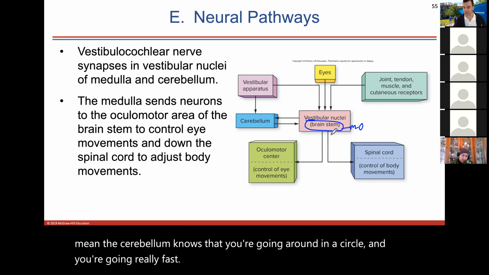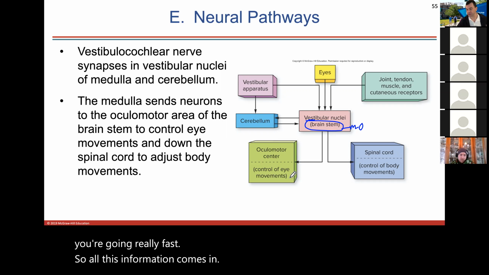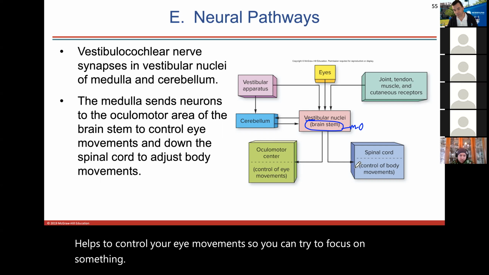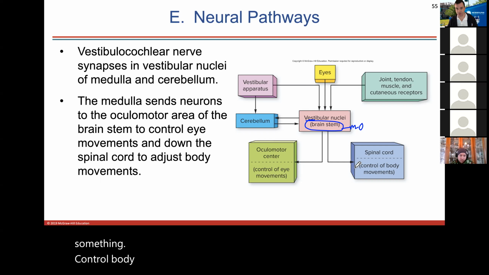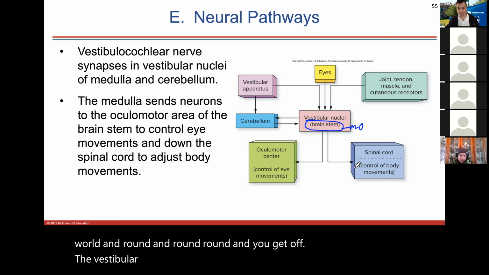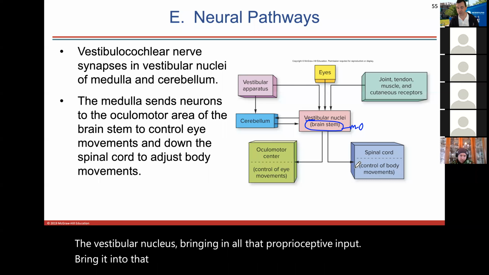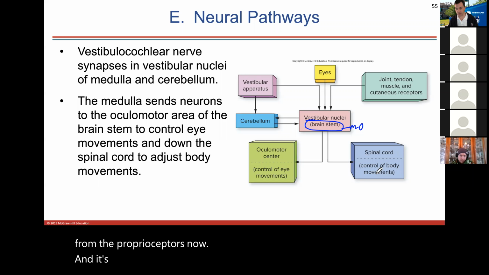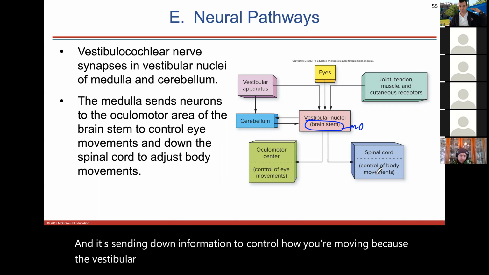All this information comes in and helps to control your eye movements, so you can try to focus on something, and to control body movement to get you to stop going. So if you get off the tilt-a-whirl, the vestibular nuclei is bringing in all that proprioceptive input, and still the vestibular apparatus, though not as much information from the proprioceptors now. And it's sending down information to control how you're moving, because the vestibule is still being stimulated in some sort of way.